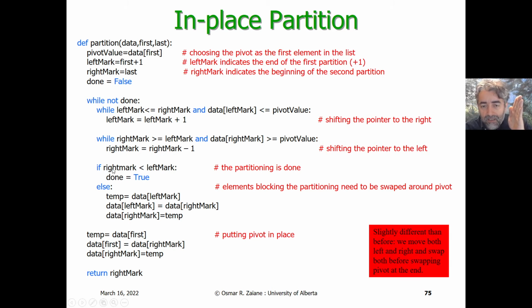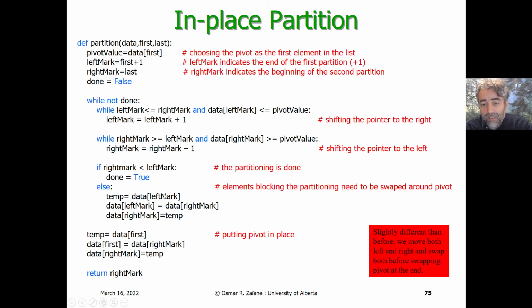So I check. If they crossed, the left and the right mark have crossed, then I'm done. I'll stop to get out of this loop. And otherwise, what I have to do, I have to swap those two elements, the one that is on the right mark, which is smaller than the pivot, and the one that is on the left mark that is greater than the pivot, and I swap them. How do I swap them? Well, you know the three instructions.